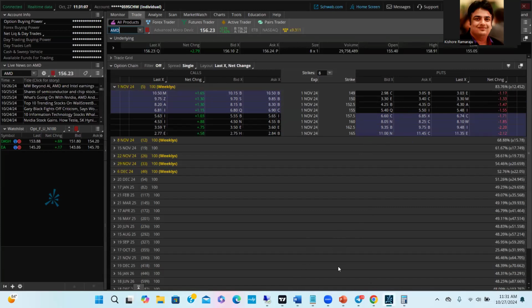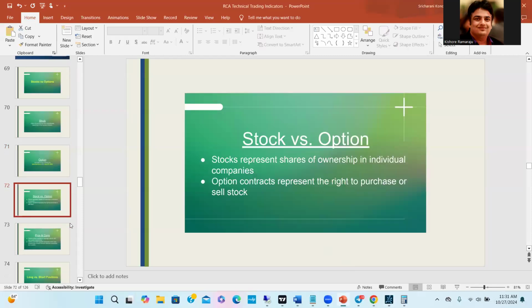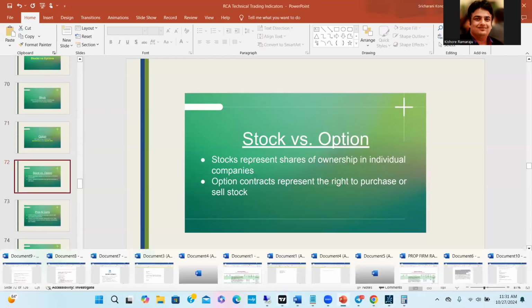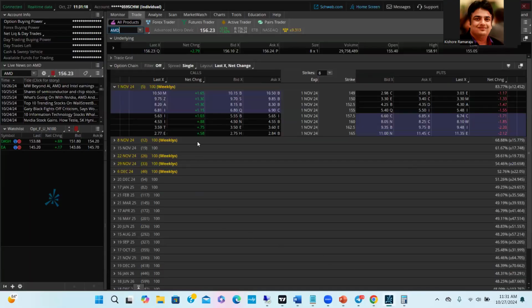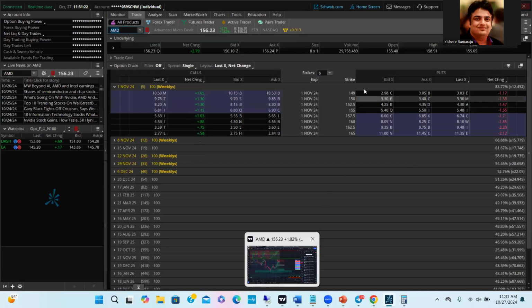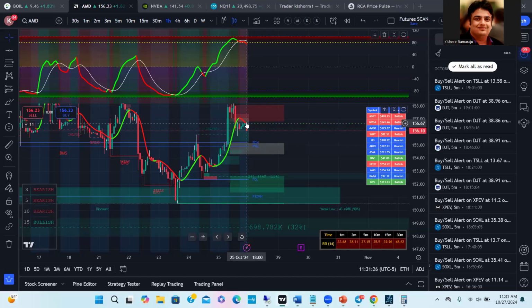So that's what is called your profit. But if your stock, let us say because of some reason, goes the other way, you thought AMD will drop, there is a 90% probability AMD will drop, but there is a 10% risk.